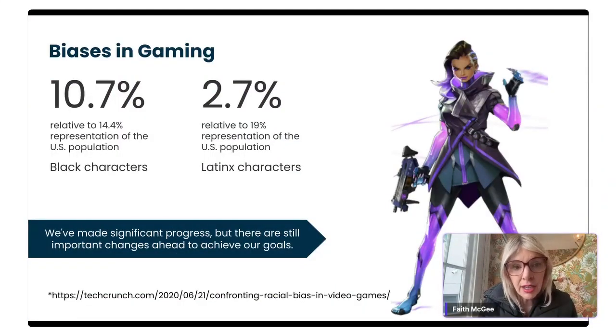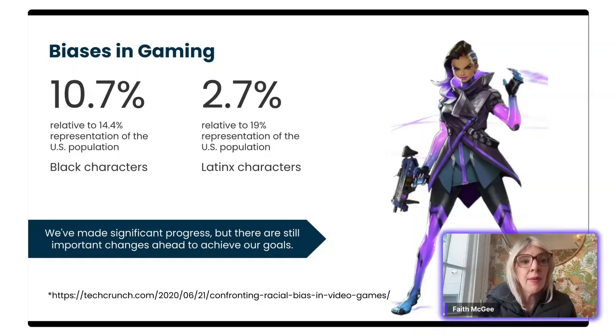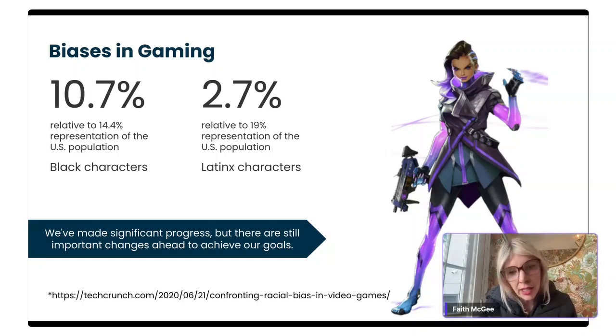So in gaming, we've made great progress. And you can tell just in the employee population that we are working toward a more diverse workforce, but we can also tell that there's still work to be done, especially in the representation in games.